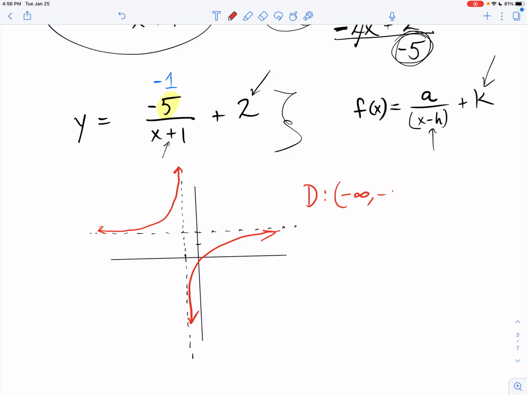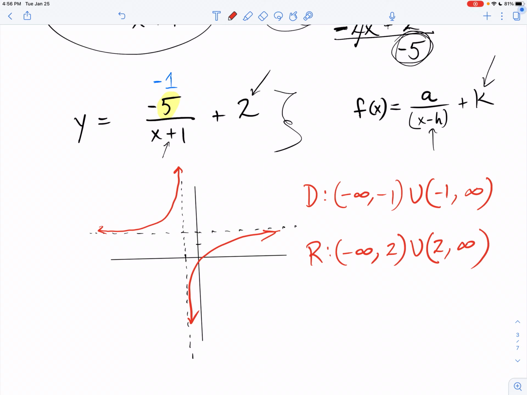There's a break in the action at -1. Pick up the action on the other side of that asymptote and go forever. The range for this answer, well, negative infinity, because it goes down forever. But if I was to draw this picture, I'd have to pick up my pen at 2 and put my pen back down on the other side of the asymptote to continue forever.